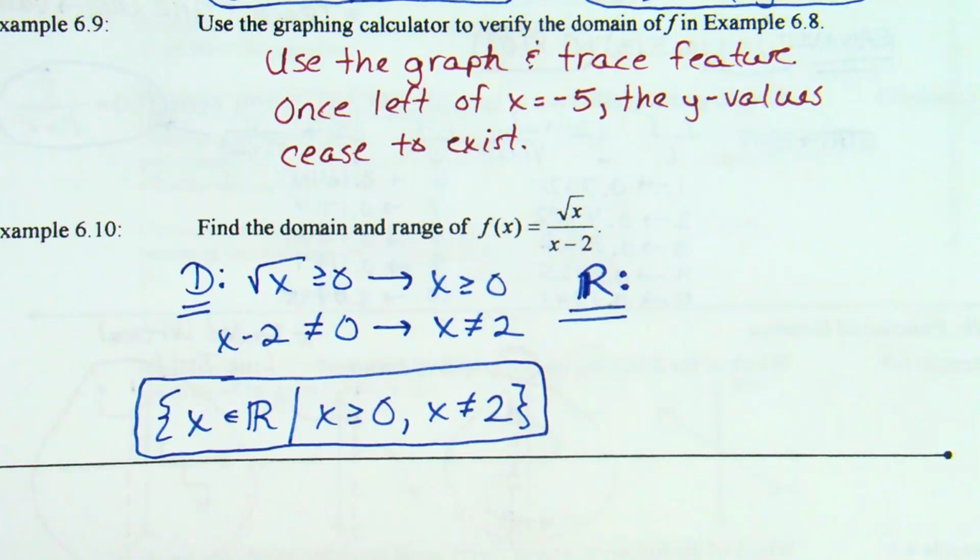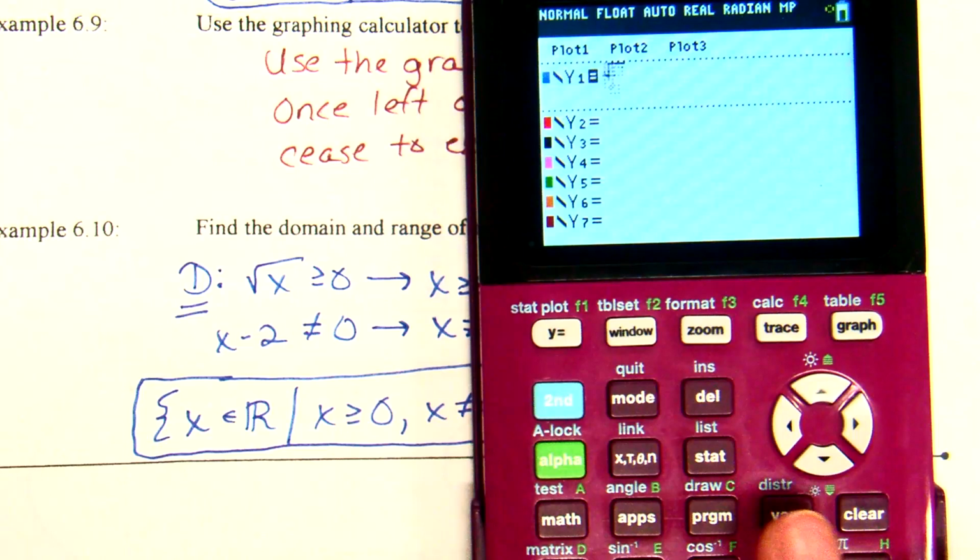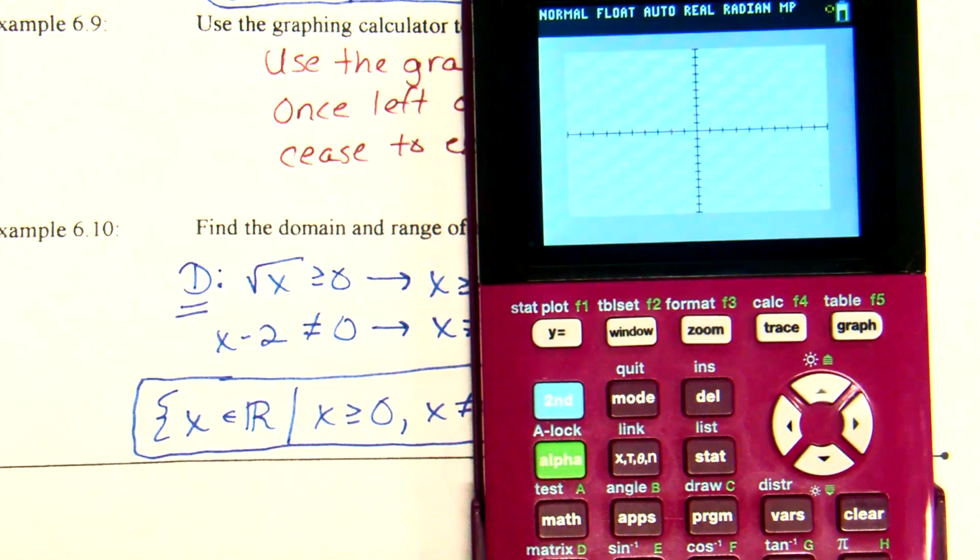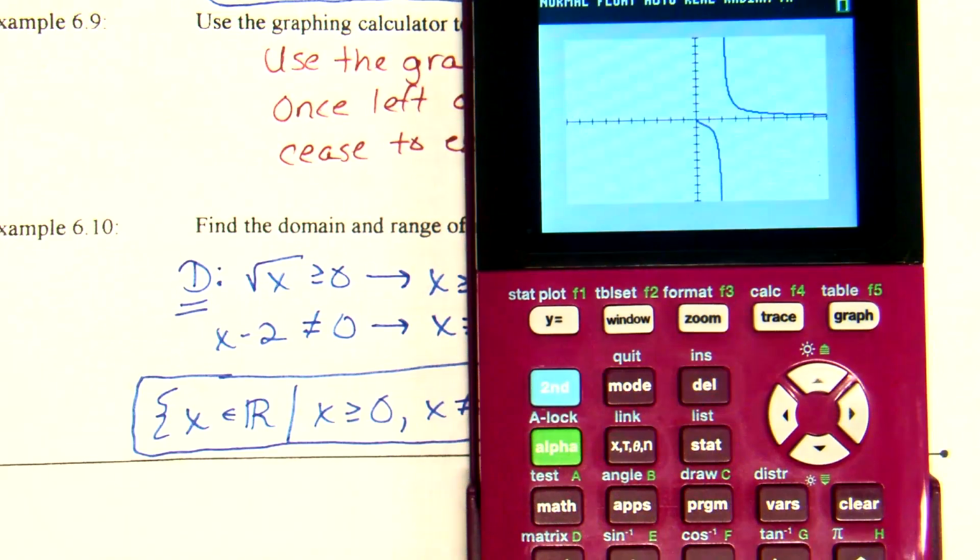If I graph it, square root of x over x minus 2, Amy. If I graph this and inspect the graph, this can help me here. Range. Range is where on a graph? That is going up and down.